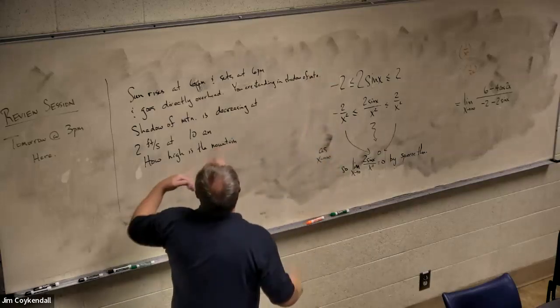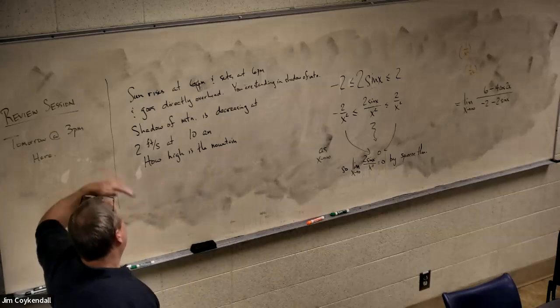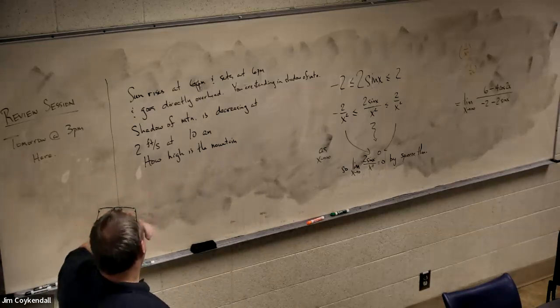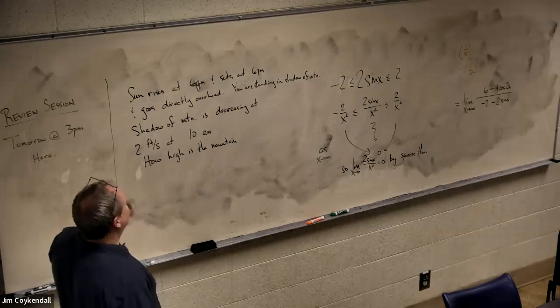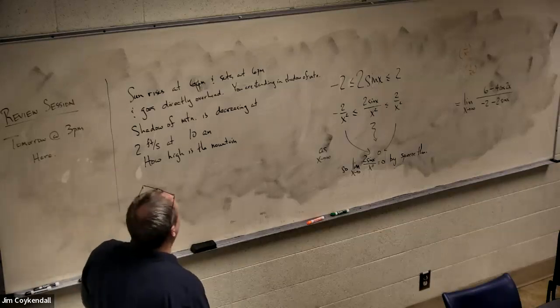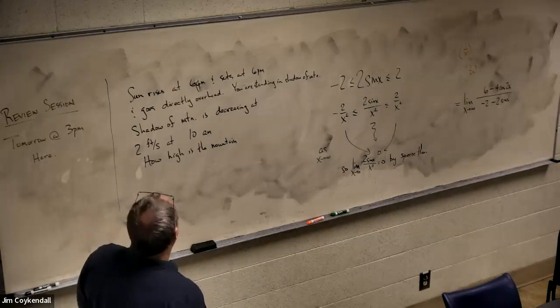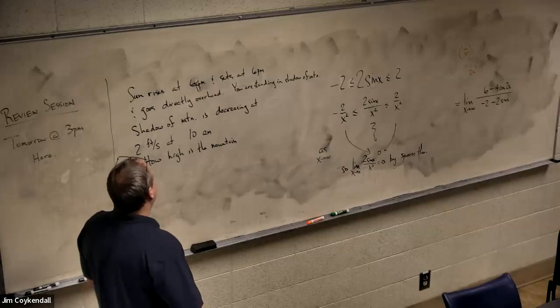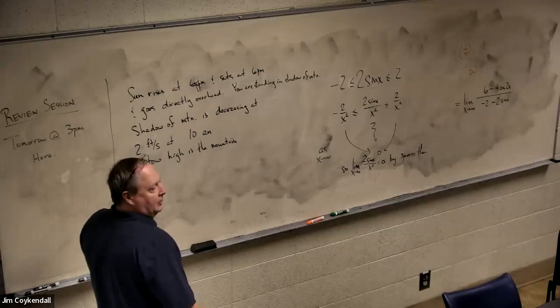So you've got this 12-hour day, the sun rises at 6 and sets at 6 p.m., and the sun goes directly over your head. You're standing in the shadow of the mountain, the shadow is decreasing at 2 feet per second. How tall is the mountain?